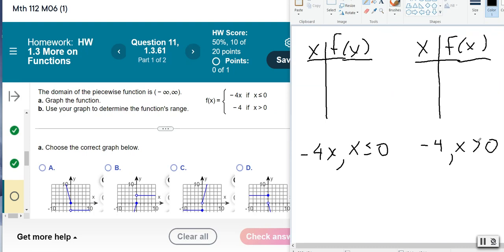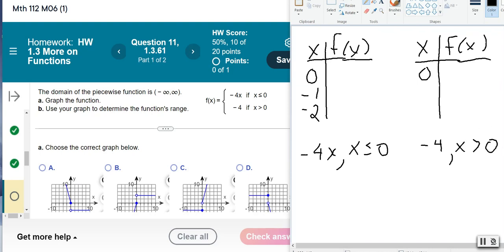Now, whenever you pick the x values, you must start with the value that's shown. So the first one here is going to be a 0, and the first one here is going to be a 0. Now the additional points I pick, 1 or 2 more points is fine. On this side, they have to be less than 0, so I'll pick negative 1 and negative 2.